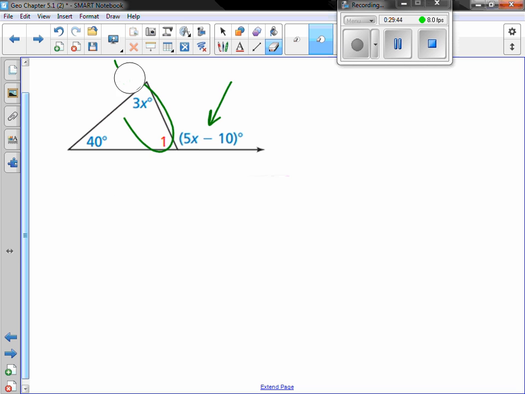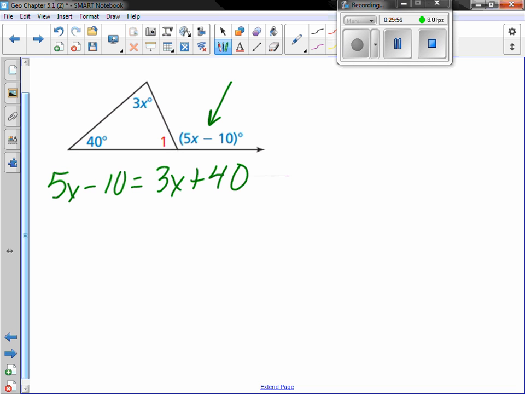It wouldn't really give us what angle 1 is. So there's two ways we can go about it. One of them is going to be saying that 5x minus 10 is equal to 3x plus 40, because the exterior angle is equal to the sum of the opposite two interior angles, yes?